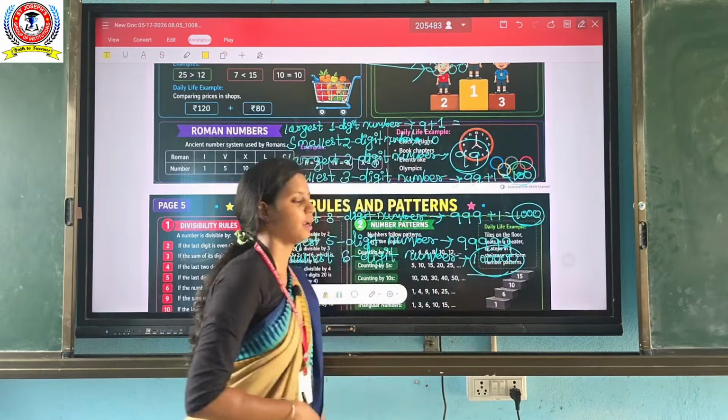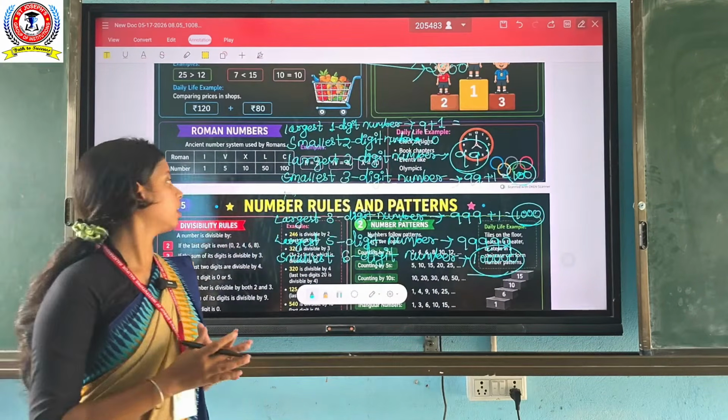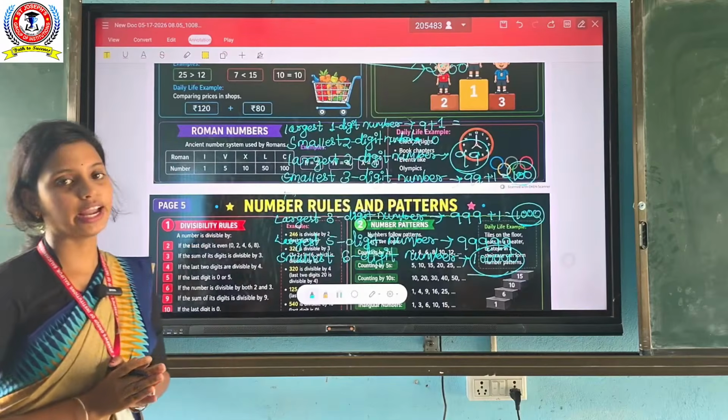Okay, that is 1 lakh. Okay, so this is about place value of numbers.